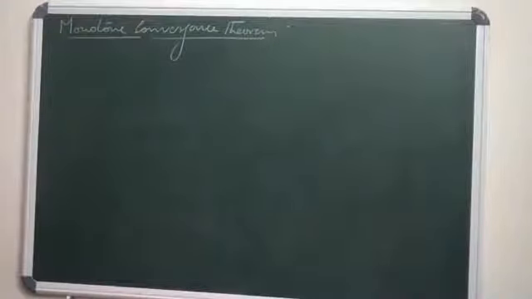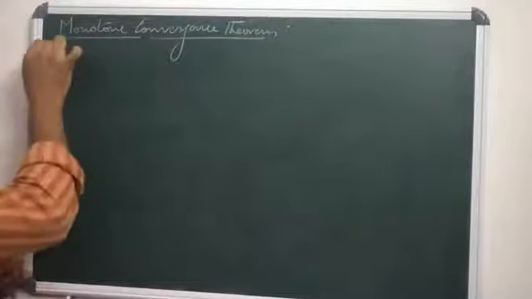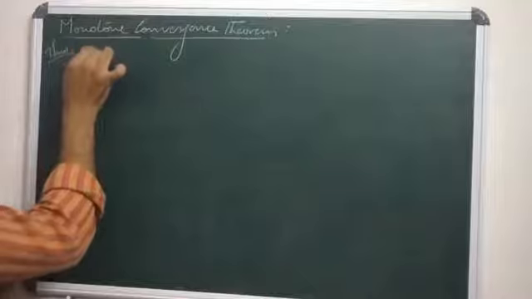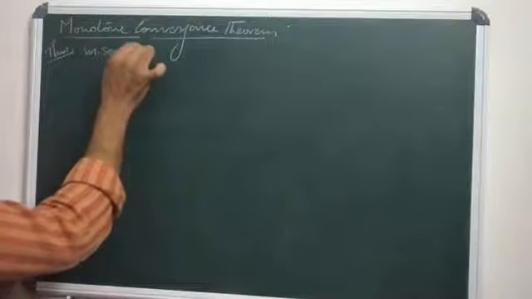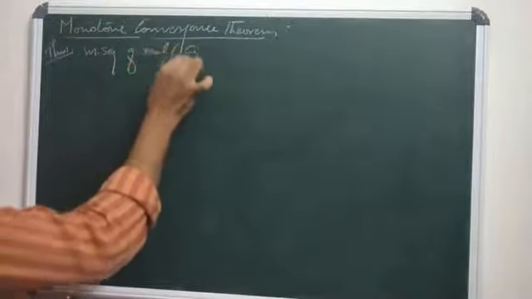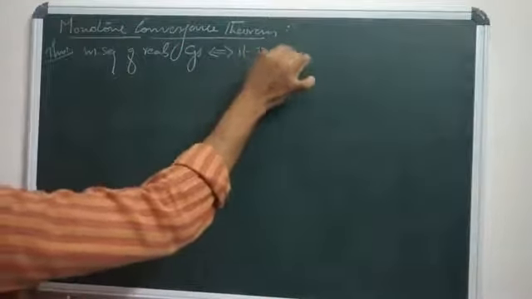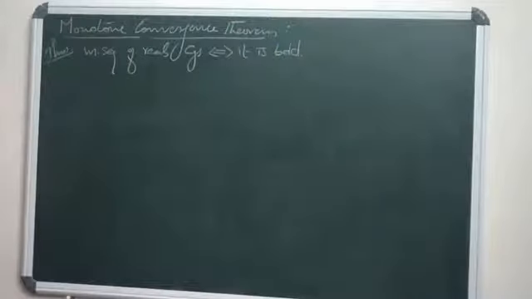So the theorem says that a monotone sequence, either monotonically increasing or decreasing, a monotone sequence of real numbers converges if and only if it is bounded. This is the first part of the theorem.